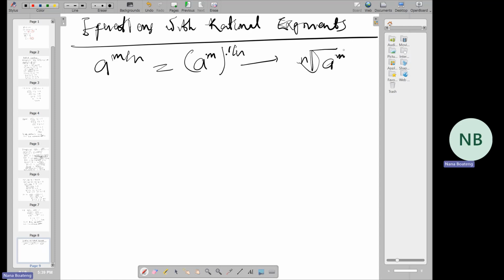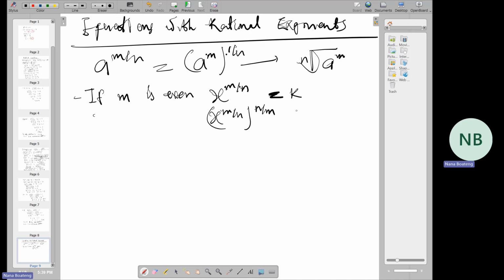All right, and two things. If m is even, and we have x power m divided by n is equal to k, we can rewrite this as x power m divided by n times power n divided by m, and this is equal to plus or minus a power n divided by m.